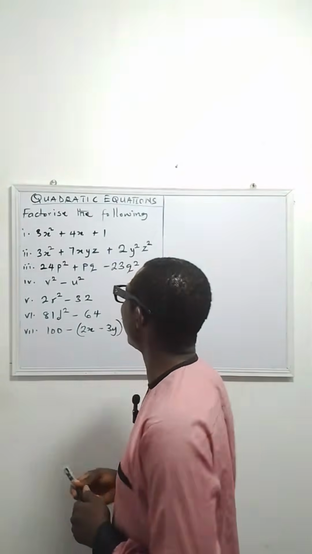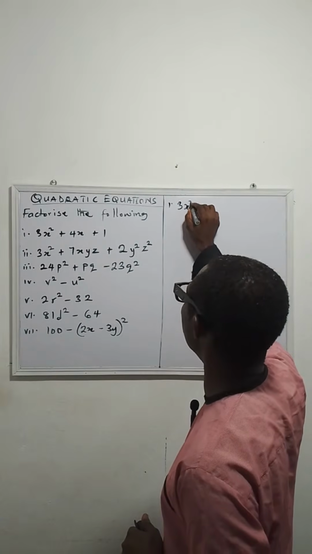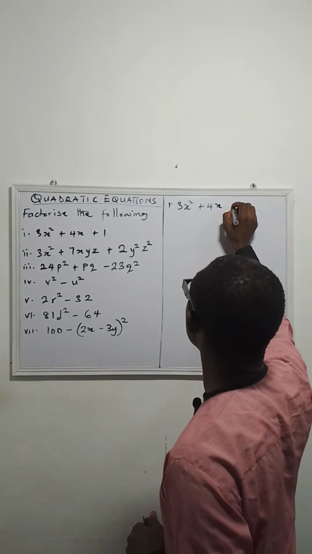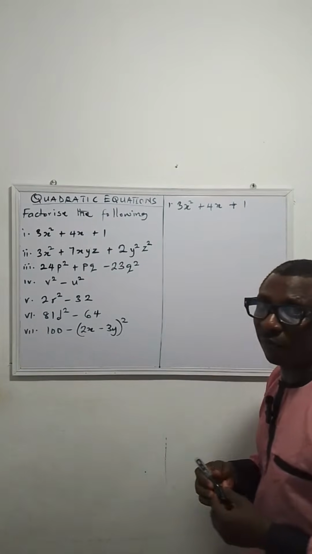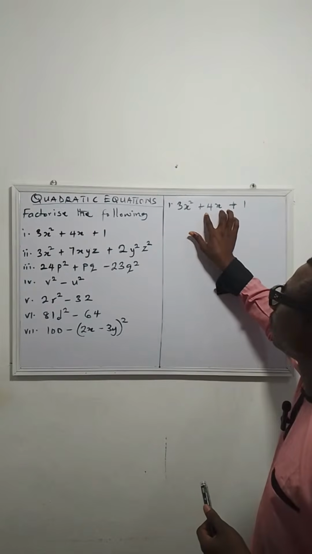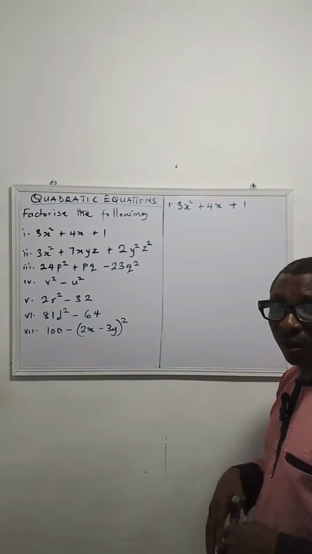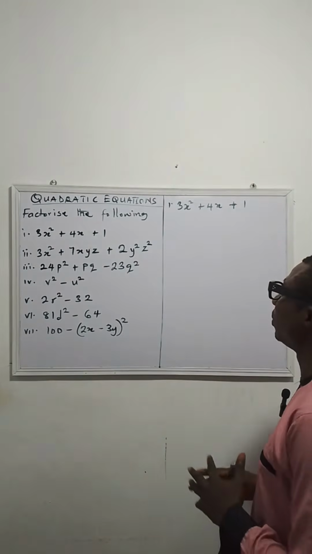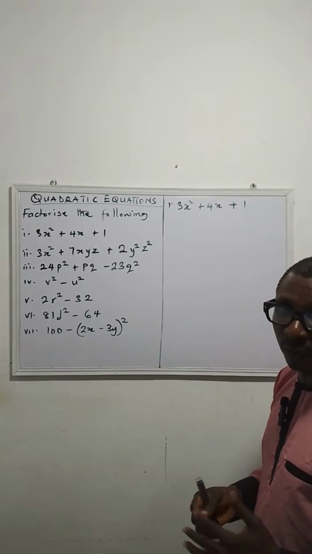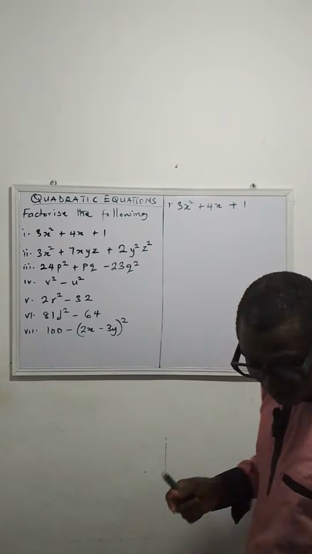The first question we have here is 3x squared plus 4x plus 1. Don't forget that the first thing to do is to find a way of dividing this 4x into 2 parts. The procedure of dividing it is to identify the sum and the product. So what is the sum, and what is the product?